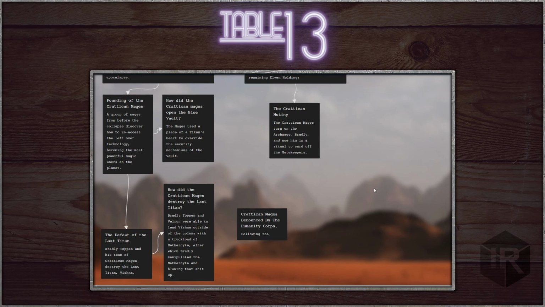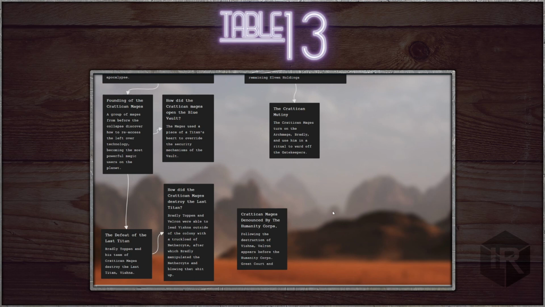Following the destruction of what's his name, Vishna. Vishna. Yeah. Vishna, Velron appears before the Humanity Core Great Court and Tribunal.